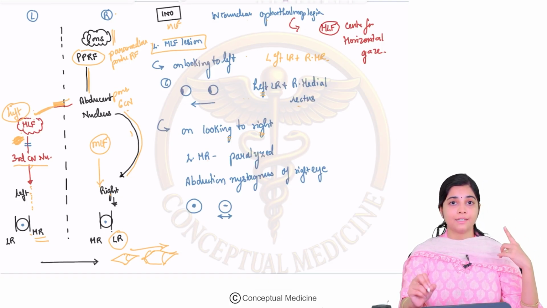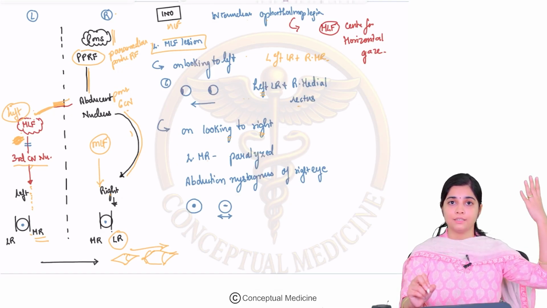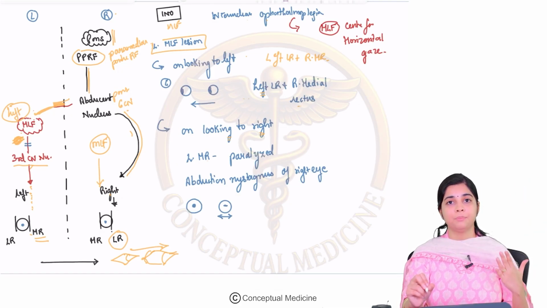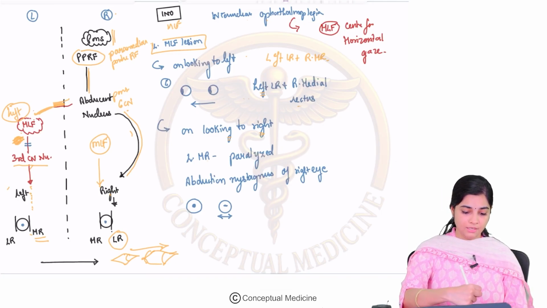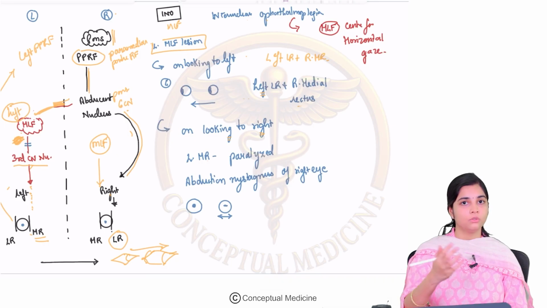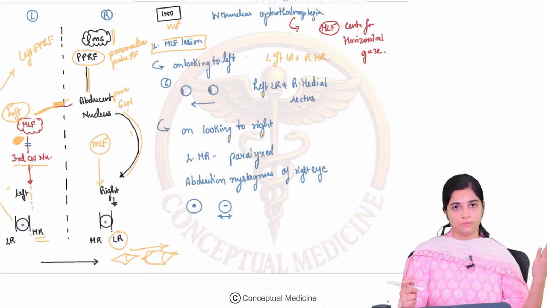Now, the left lateral rectus is under the control of the ipsilateral PPRF, the left-sided PPRF. Is it damaged? No, it is not damaged. So, you can look to the left side.